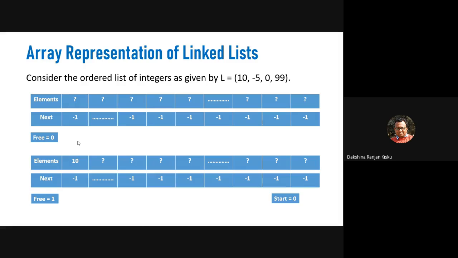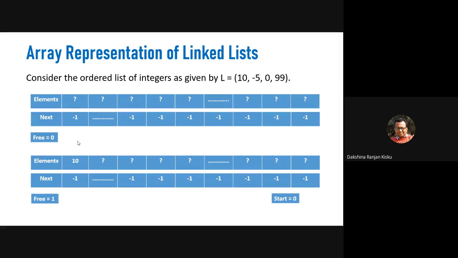When these locations are occupied by -1, that means the link part points to null. That means the link parts will not point to any other node. Or in other words, when all the locations are occupied by -1 initially from the 0th index, the linked list is empty. A linked list is yet to be formed.